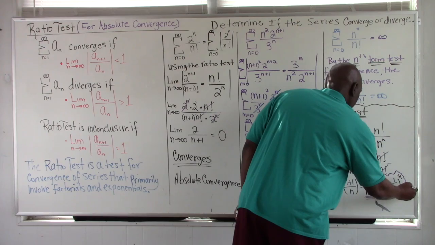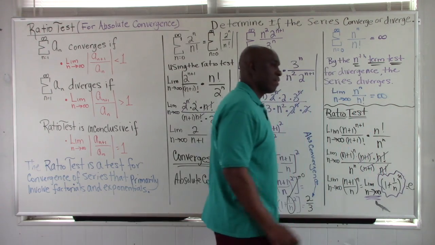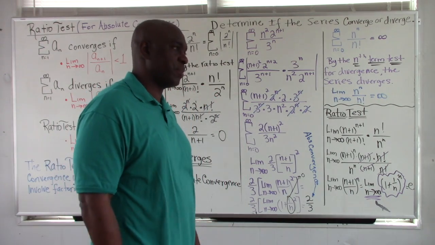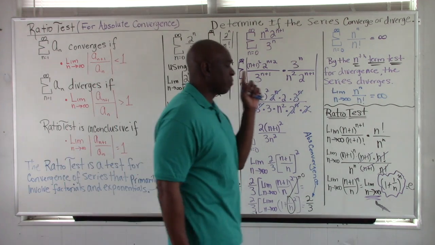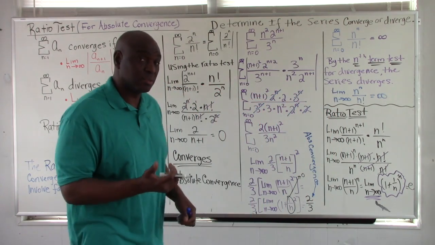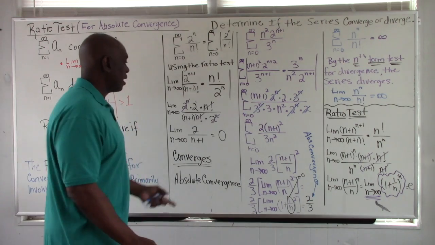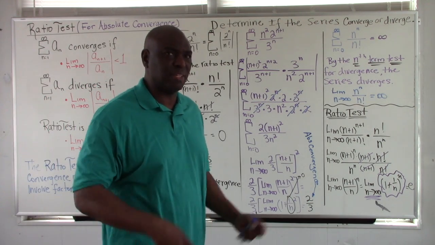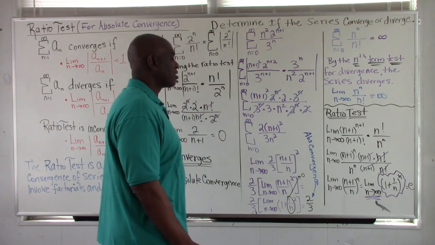So this equals e. Now the number e, that irrational number, not terminating, not repeating, is e bigger than 1, smaller than 1, or equal to 1? You got it. e is 2.718281828, on and on. This is larger than 1.